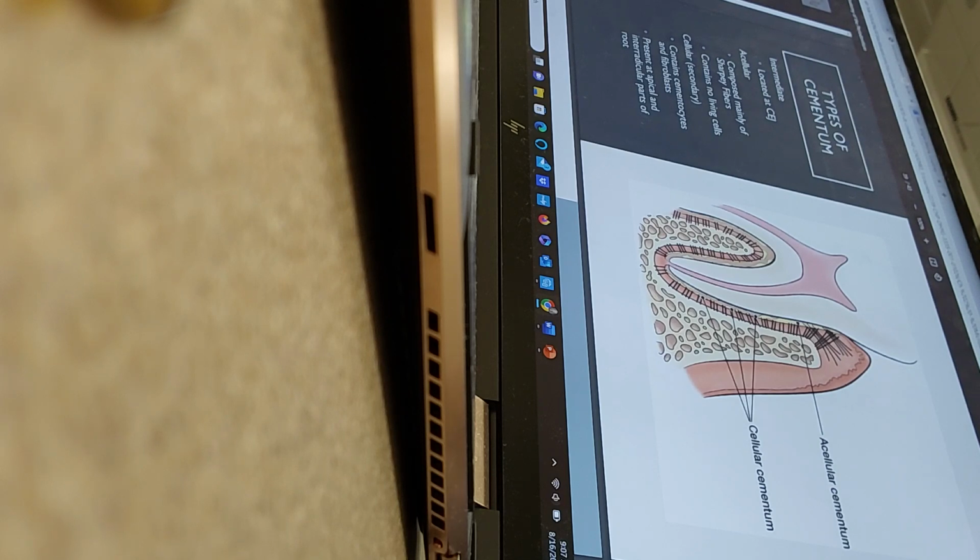Acellular cementum. And then the apical half and the interradicular areas are covered by cellular cementum. Cellular cementum contains cementocytes and fibroblasts, and they're at the apical portion of the tooth.